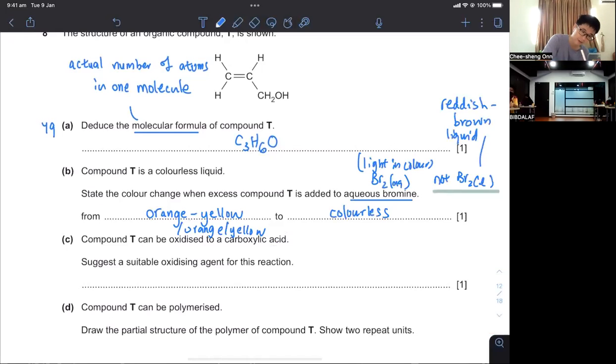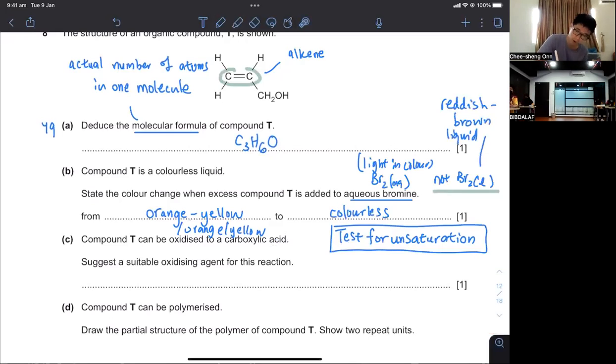because you have this thing called alkene. So test with Br2 is test for unsaturation when you have double bond, using aqueous bromine, and it will decolorize bromine water. It will turn from orange yellow to colorless.